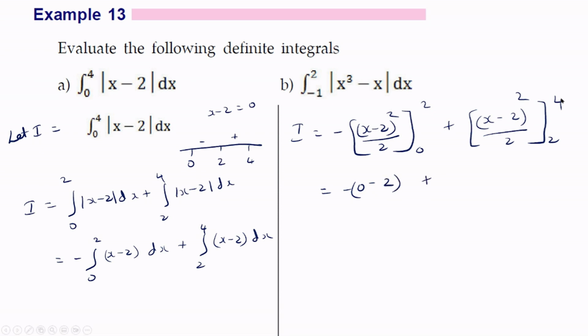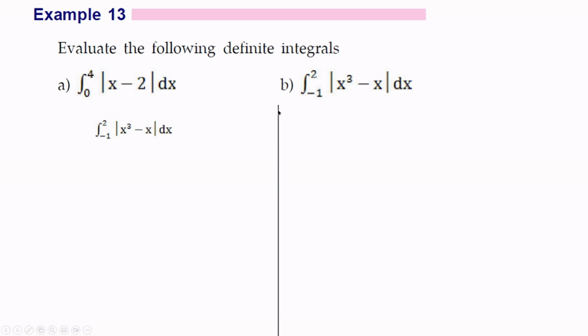Plus, when we substitute the upper limit, it is (4 minus 2) the whole square, 2 square by 2, which is 2, and when we substitute the lower limit, it is 0. So this is 2 plus 2, which is equal to 4. Therefore, the value of this given integral is equal to 4.